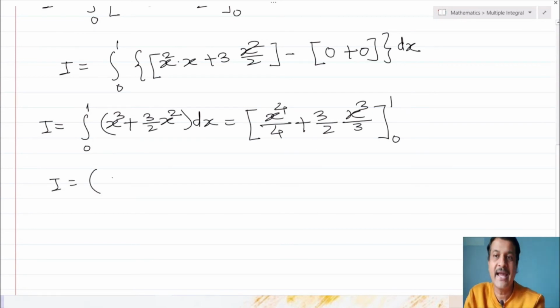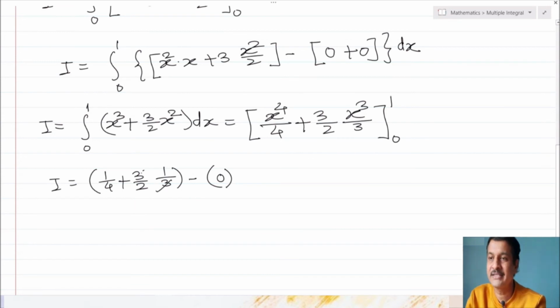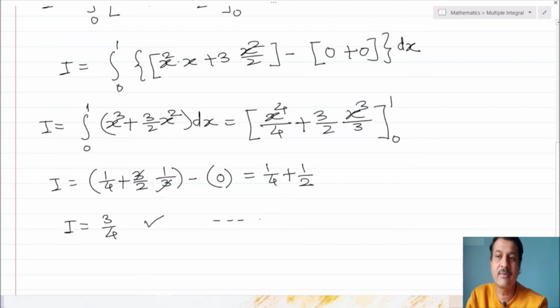So upper limit is 1: 1 by 4 plus 3 by 2 as it is, as x equal to 1, I am getting 1 by 3, minus now the lower limit. If we put x equal to 0, I am getting the result 0. So this cancels, and by evaluation I am getting 1 by 4 plus 1 by 2, and the result of it is nothing but 3 by 4, which is your required answer.